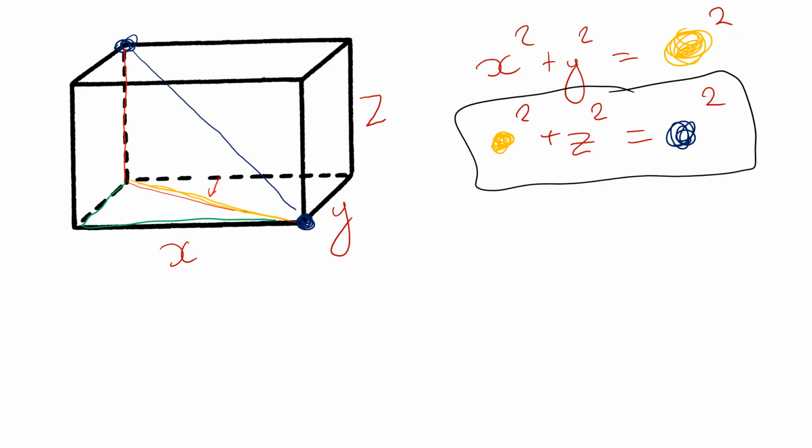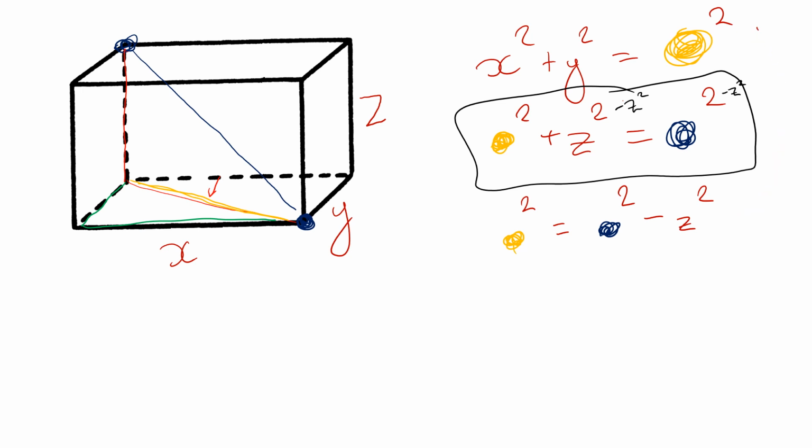So what I'm going to do is I'm going to subtract z squared from both sides. Subtract z squared from both sides. And that's going to give me something along the lines of this orange color squared equals this blue color squared minus z squared. And then all of a sudden I can merge these two equations.